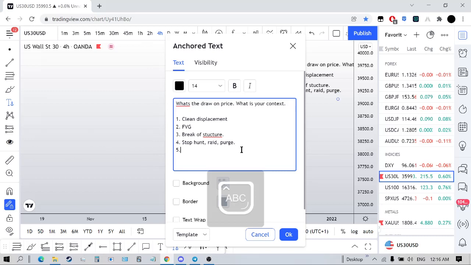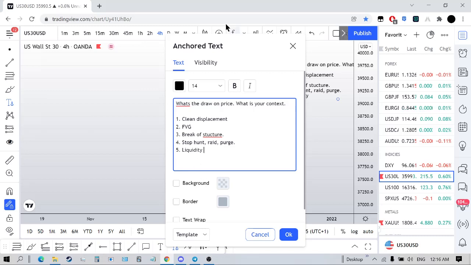Sorry guys, number 5, liquidity: old highs, old lows, any retail patterns hovering right around that order block. These are the main 5 that I look for when I'm putting probabilities together and rating the order block. If you have all 5, this is an A+ order block.